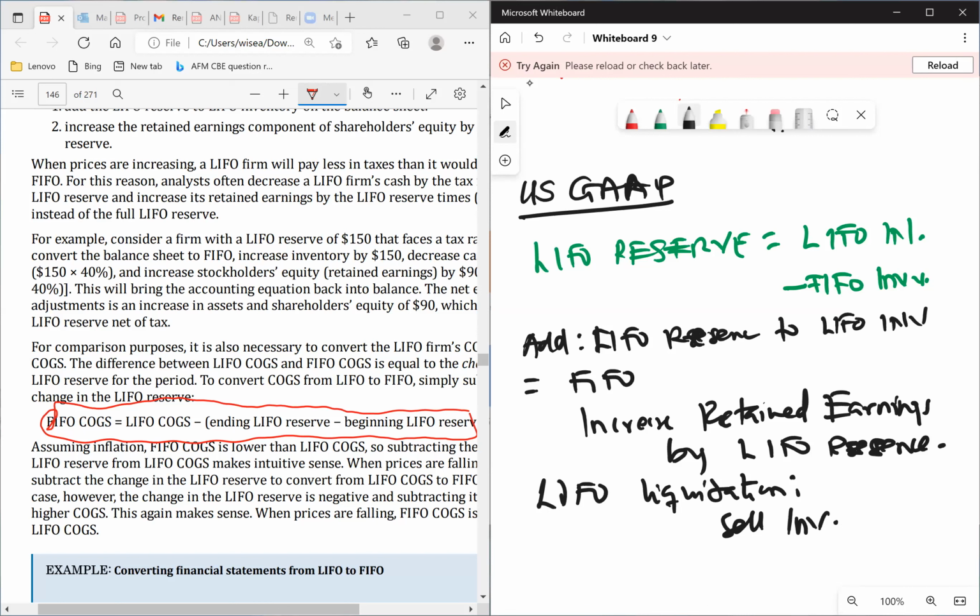Because the inventory was valued at the earliest price, the cost of goods sold will be lower, resulting in higher profit. As an analyst, you should be aware of this LIFO liquidation, because if the profit is due to LIFO liquidation, the company cannot continue selling its old inventory without buying new inventory at the latest price. So when you see LIFO liquidation, adjust for it. That is what it is.